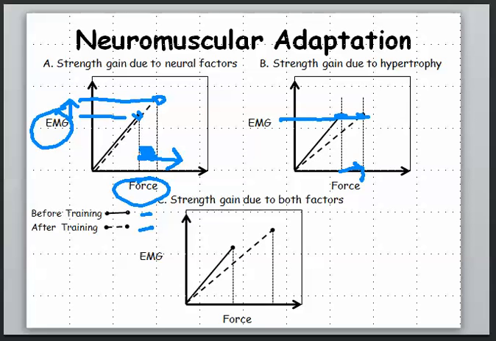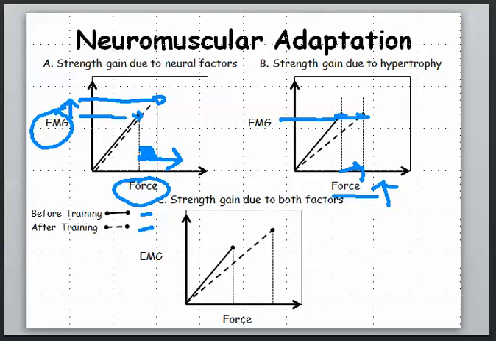So this is telling you that for the same muscle activation, the same neural input, you're getting a greater force output. So the motor units that you are recruiting are bigger in cross-sectional area or physiologic cross-sectional area, so there are more sarcomeres in parallel to generate more force.